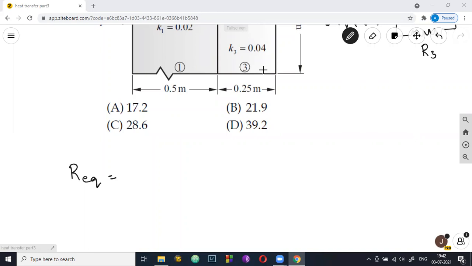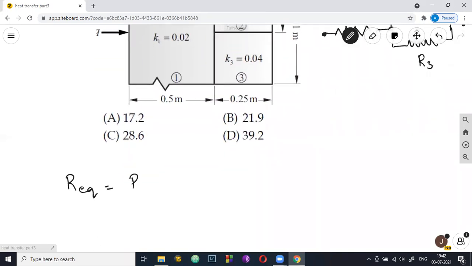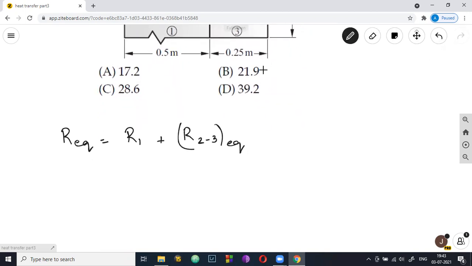So R equivalent is, now here you can see that R1 and the equivalent of R2 and R3 are in series. So R1 plus R23 equivalent. Now how to solve parallel? Parallel is something like this. 1 by R23 equivalent will be 1 by R2 plus 1 by R3.